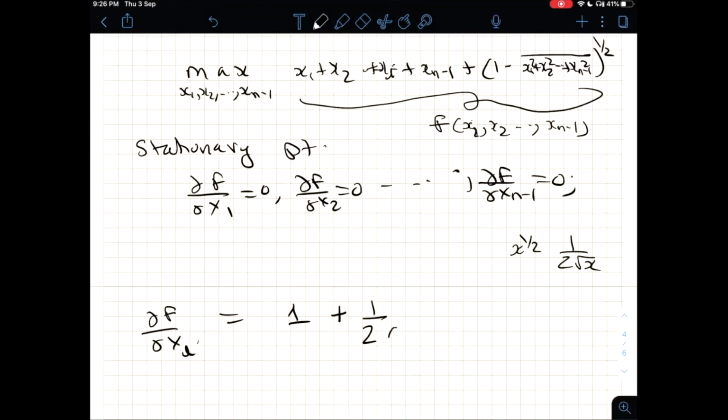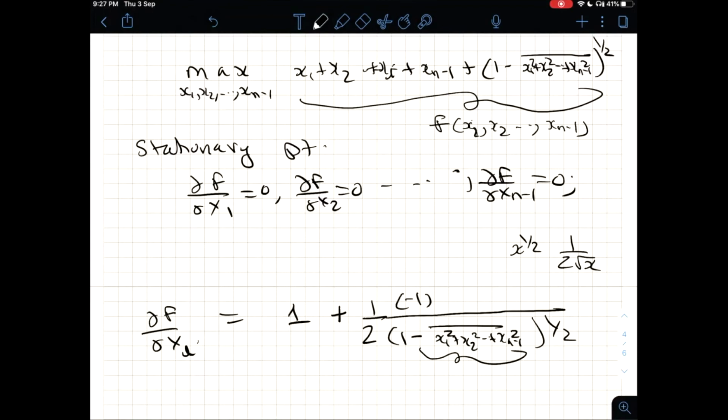So therefore 1 minus x1 square plus x2 square up to xn minus 1 square, to the power half. And then when I take the derivative in the chain rule, the minus 1 will come out because of this minus, and for xi square, 2xi will come out.